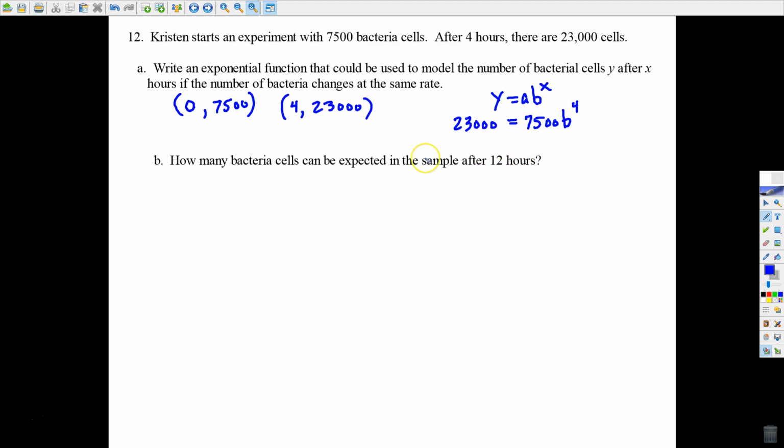Okay, so solving for b, I'm going to divide both sides by 7,500. So let me grab my calculator, 23,000 divided by 7,500, and that is 3.06666. And now I'm just going to leave that in my calculator, and we need to do the fourth root of that.